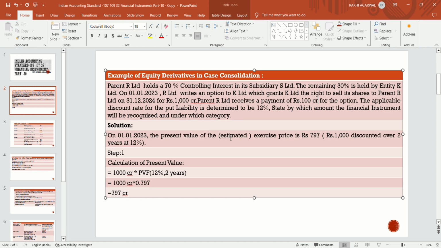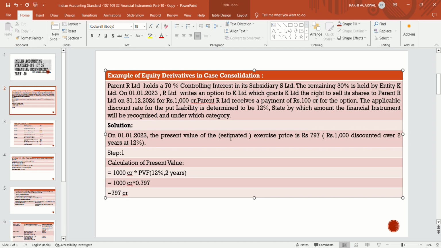So there are two organizations, the parent R Limited and K Limited, holding 70-30 shareholding in S Limited.